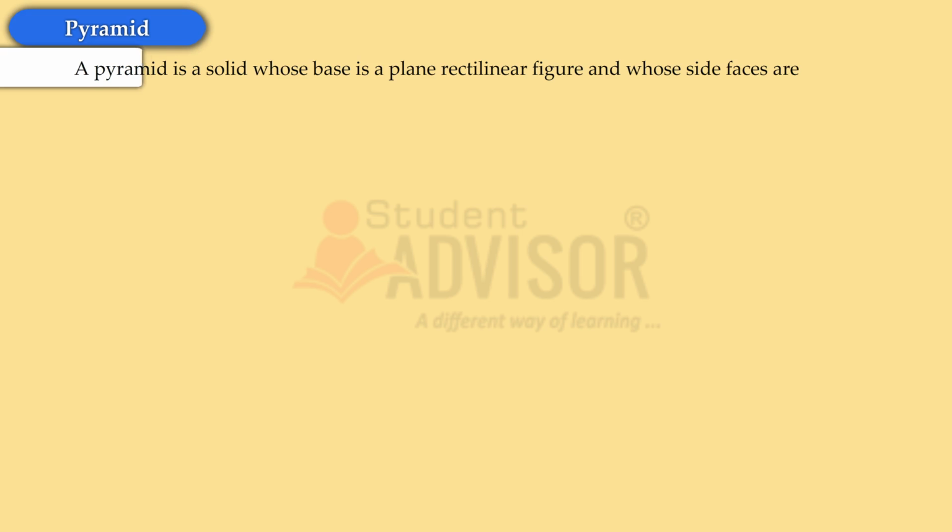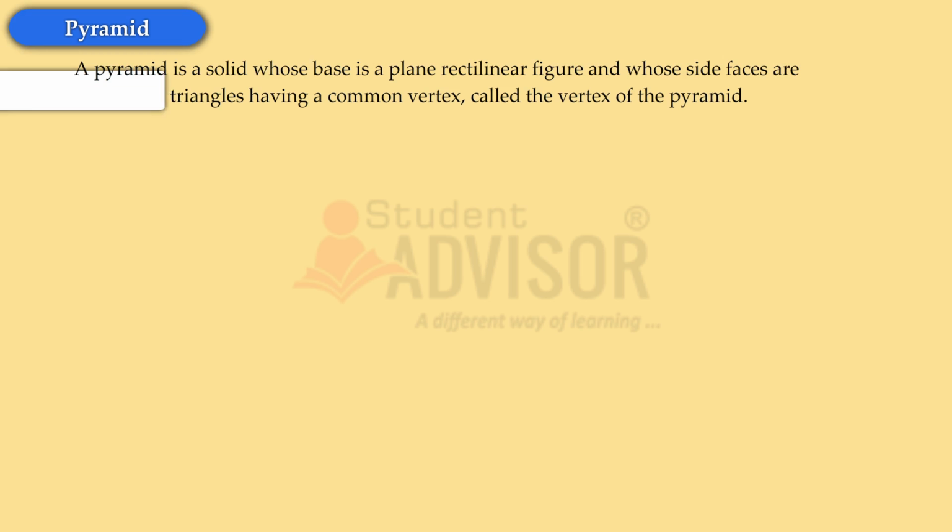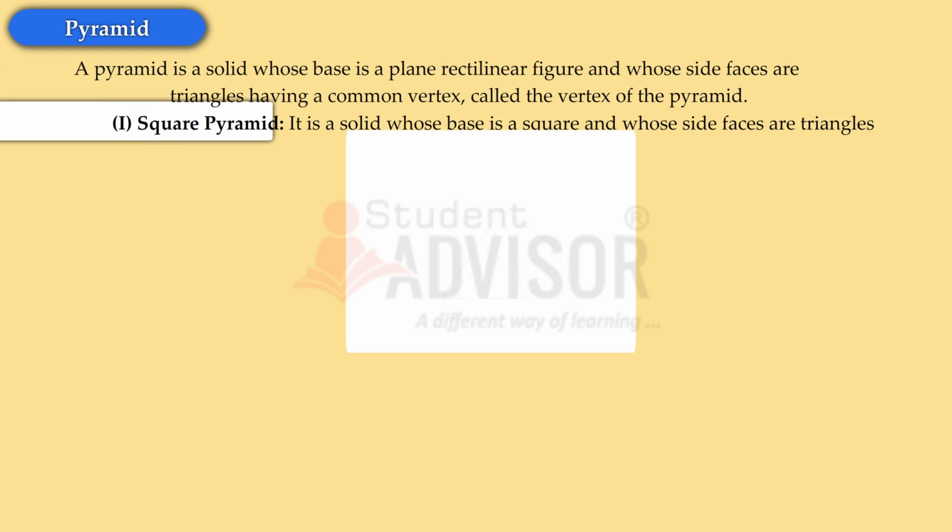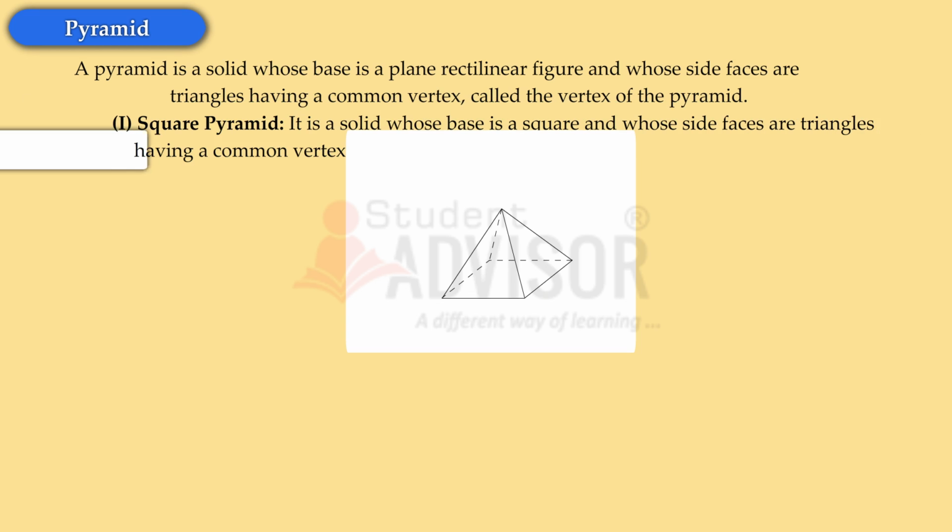Pyramid. A pyramid is a solid whose base is a plane rectilinear figure and whose side faces are triangles having a common vertex, called the vertex of the pyramid. 1. Square pyramid. It is a solid whose base is a square and whose side faces are triangles having a common vertex.